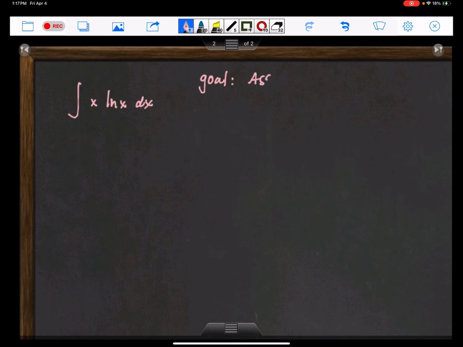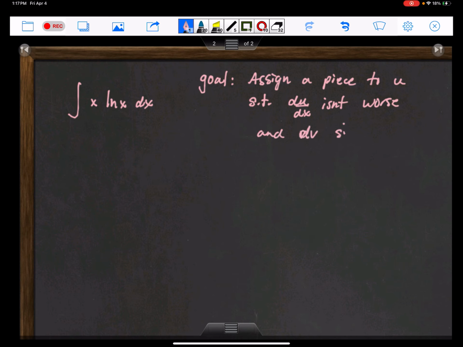You want to assign a piece to u such that du dx isn't worse, hopefully better, and dv such that the integral of dv isn't worse. So it's kind of a subtle process, but we do have some guidelines.